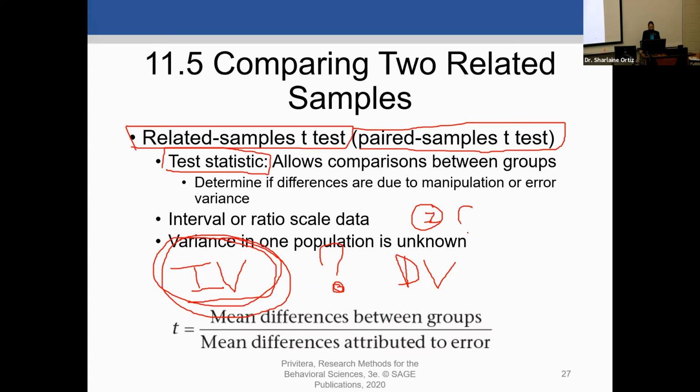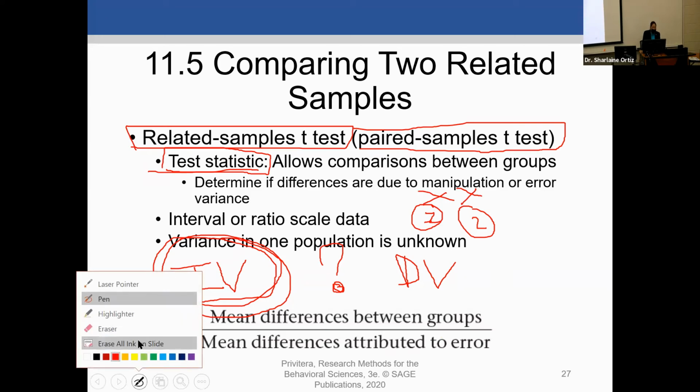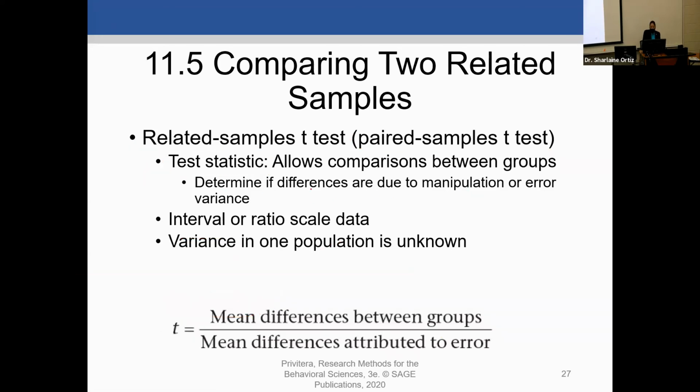So a test statistic allows me to compare the groups with the intent of knowing if the differences that I observed were in fact because of the manipulation, or were they from another source, for example, error variance.